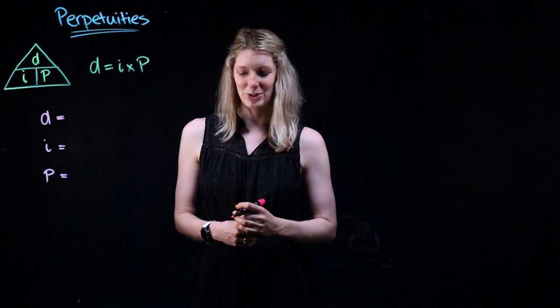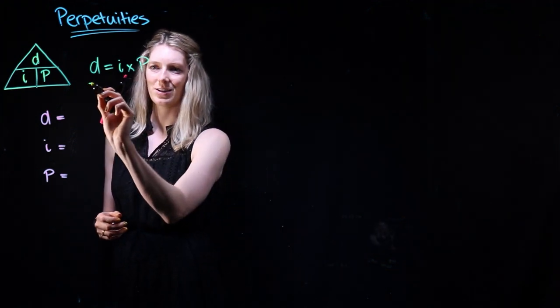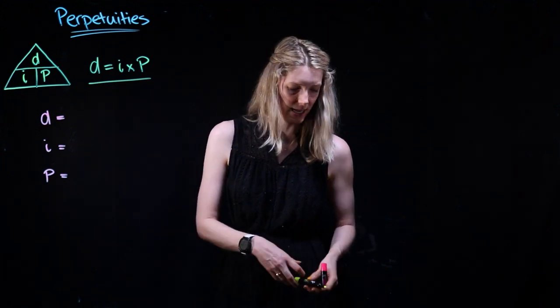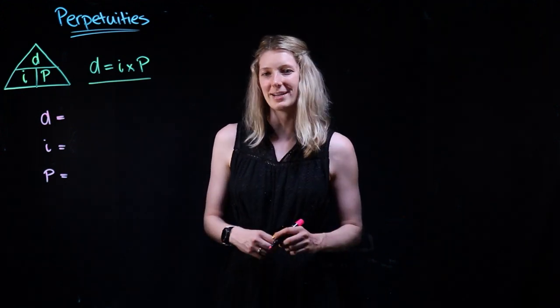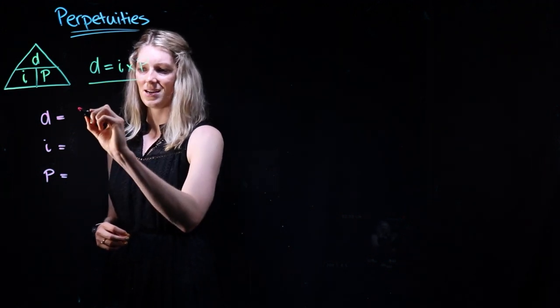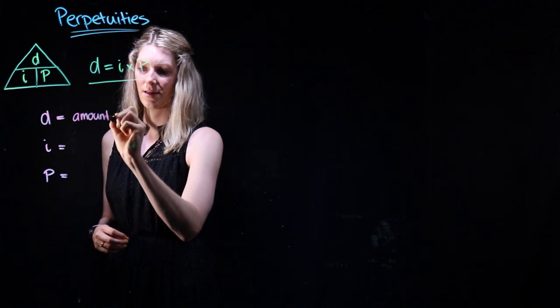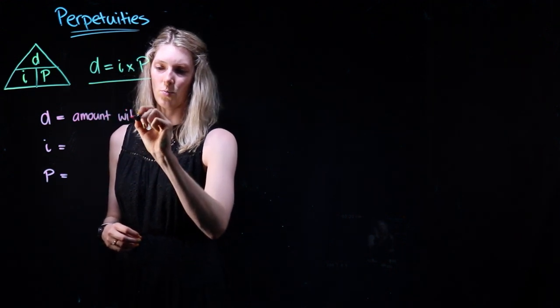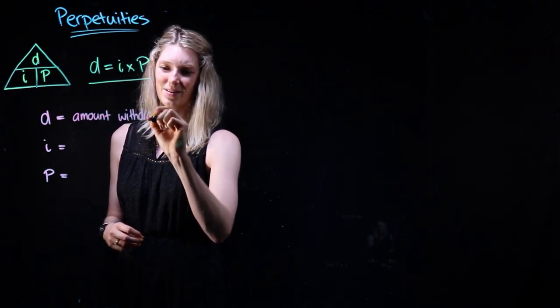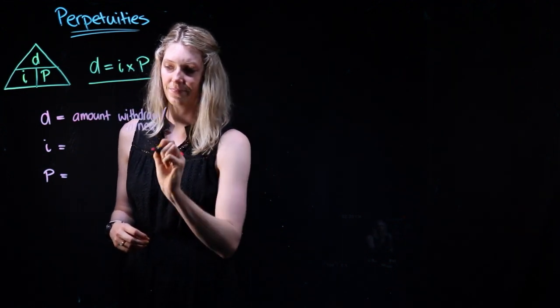When we are looking at perpetuities, we can follow one key formula, which I like to call DIP, or D equals I multiplied by P, where D is the amount that we can withdraw, or our amount earned from this account.